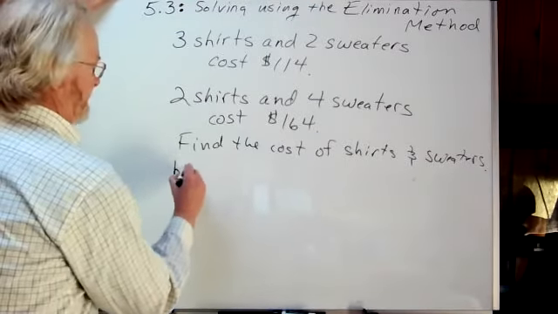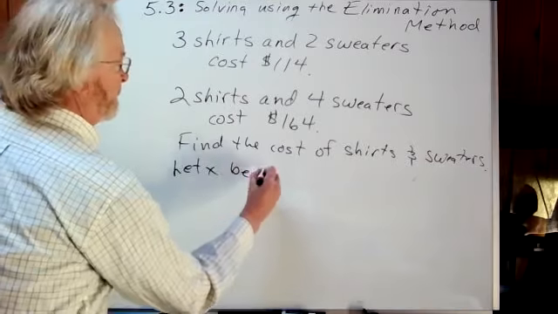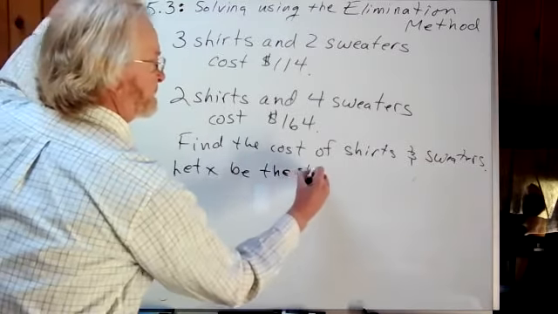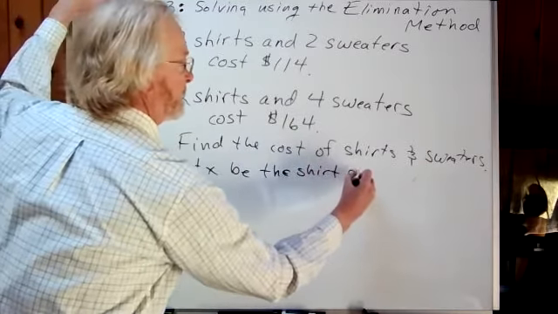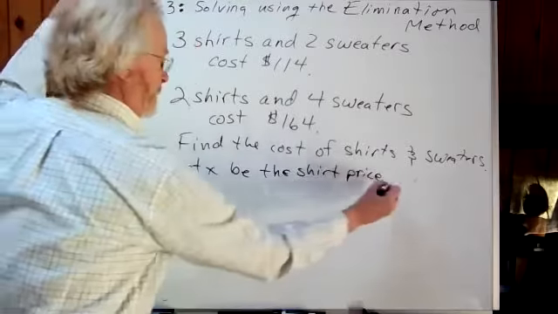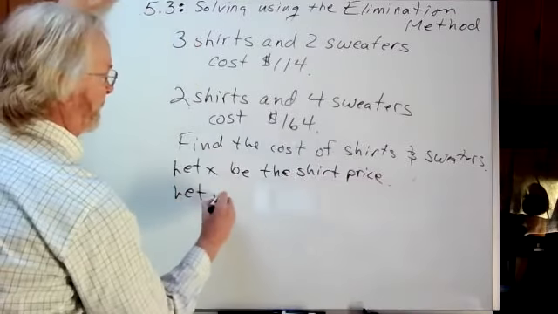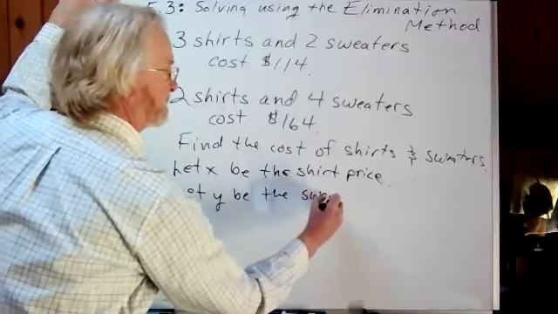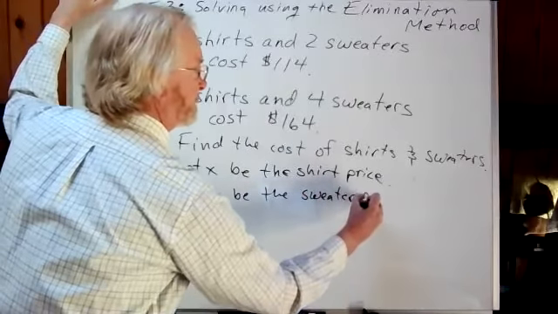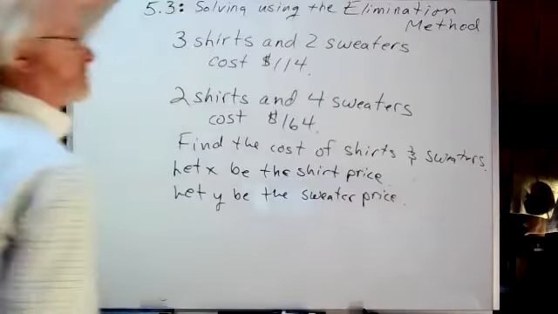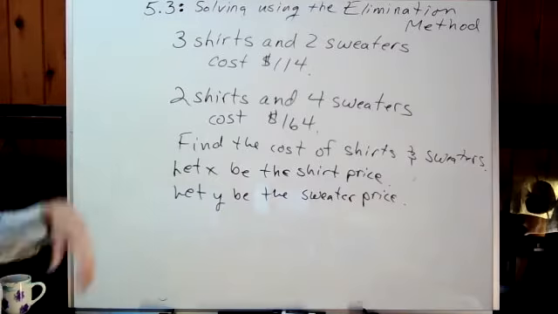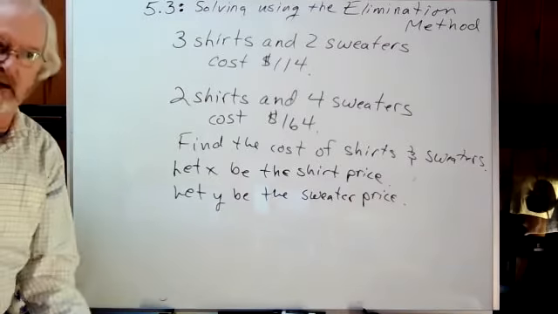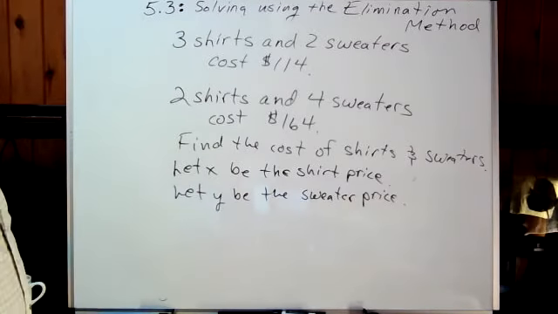Let's say, let X be the shirt price. And therefore I will say, let Y be the sweater price. Okay. So this time it's not quantity, but cost, or the value of these items.